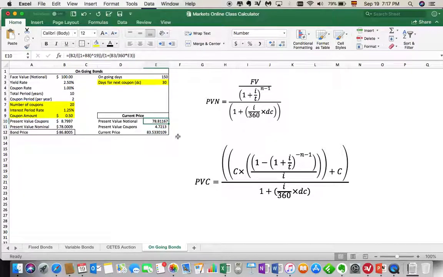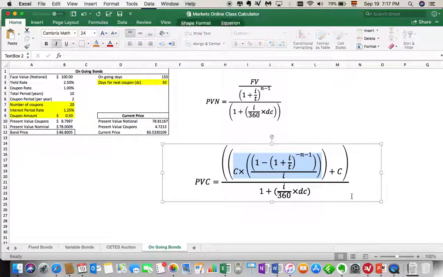Now, the present value of coupons is more interesting. As I said, we're only going to consider 19 coupons first, and that is this part of the formula. C will stand for coupon value, so coupons are 19. We use the same formula for the present value of a series of payments: coupon value, which in this case is 0.50, or coupon amount, times 1 minus 1 plus the interest rate.